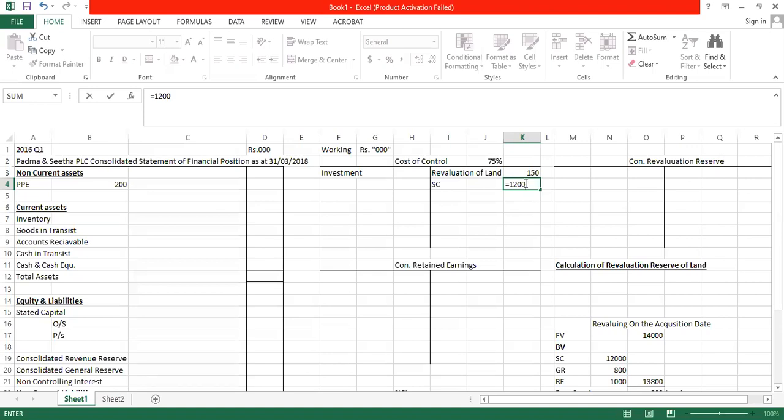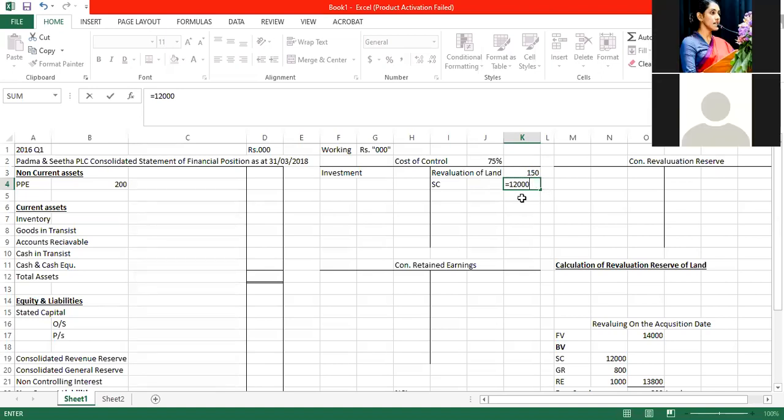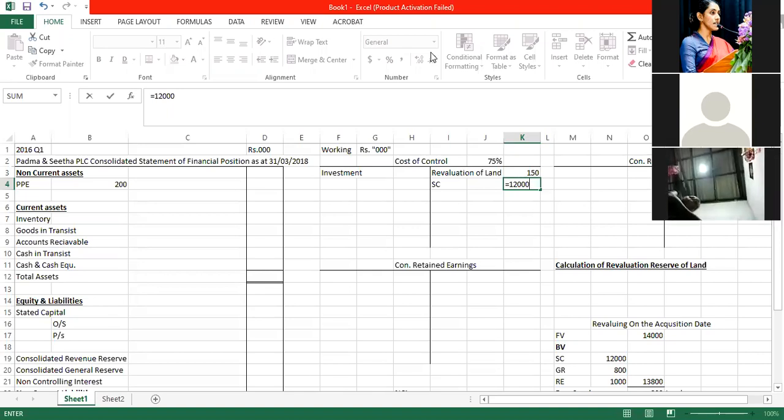Look at only the subsidiary part, right? The subsidiary is going to be acquired. That's only the net assets of the subsidiary. So 12,000. We can't put 12,000 as it is, because we only own 75% of this 12,000.